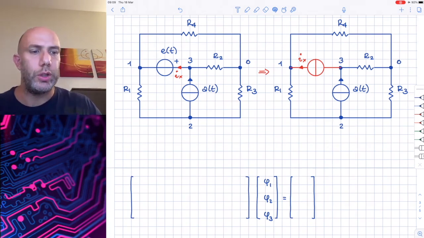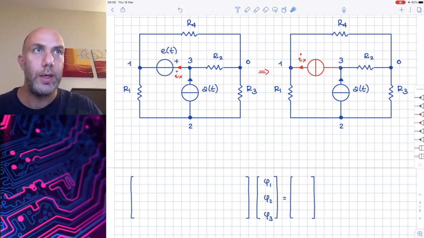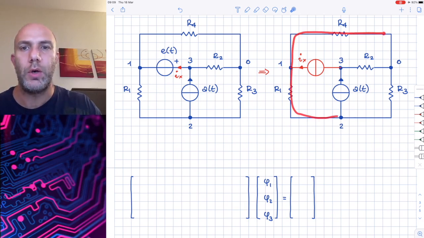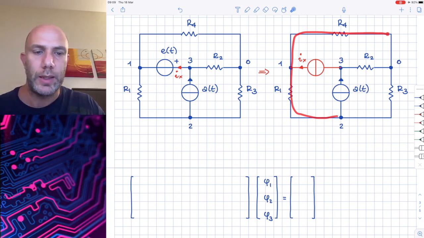In position 1, 1, we have the sum of the conductances that are directly connected to node 1. In this case, we have the resistor R1 and the resistor R4 that are connected to node 1, and so their contribution in the matrix are G1 plus G4.